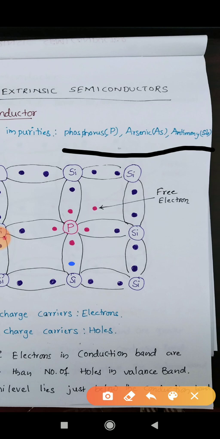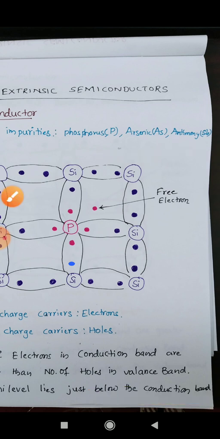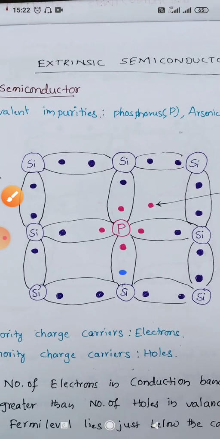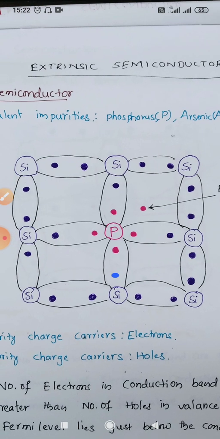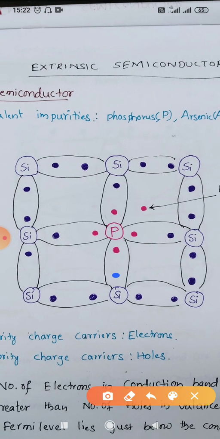Now we will discuss what happens when you add these pentavalent impurities to a tetravalent semiconductor. It is shown graphically in the given diagram. In this diagram you can see silicon atoms as well as a phosphorus atom. Now try to understand what they form.